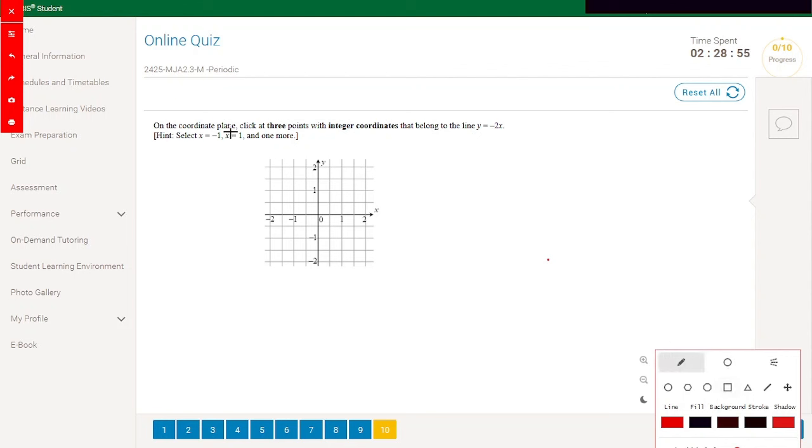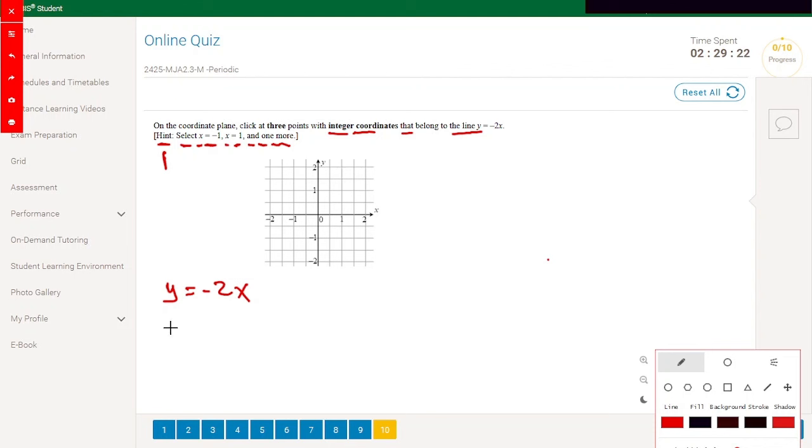On the coordinate plane, click the 3 points with integer coordinates that belong to the line y equal to minus 2x. It's giving a hint, select x equal to minus 1 and x equal to 1 and 1 more. Okay, so let's see here.